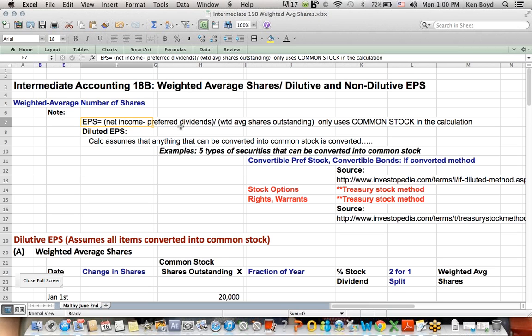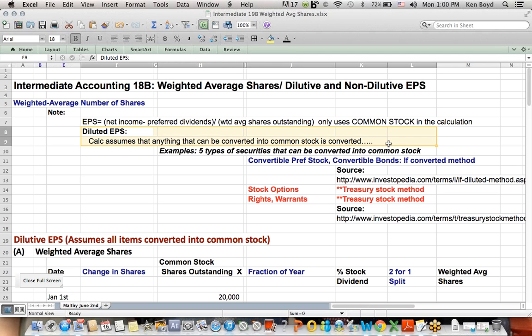So we have earnings or income in the numerator, the top of the fraction, and weighted average shares on the bottom. A good thing to keep in mind is that we are only including earnings per share of common stock in the calculation. So any amounts that we are committed to pay as a dividend to preferred shareholders are removed.